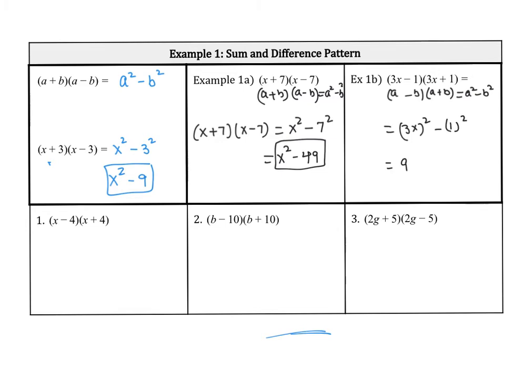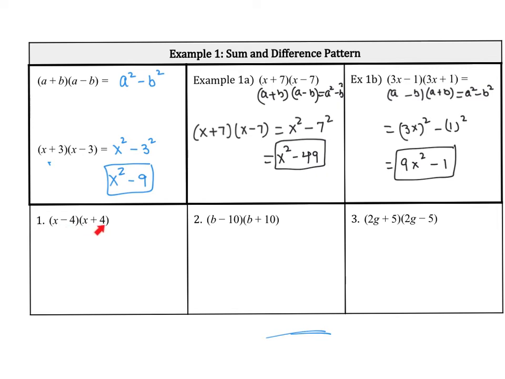So the final answer is 9x square minus 1, and that is a square minus b square.